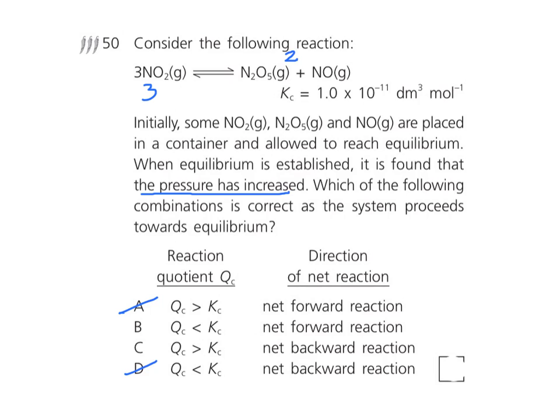Since the pressure increased on the way to equilibrium, the reaction must have been shifting backwards. 2 moles becoming 3 moles would explain why there's an increase in pressure. So therefore we were shifting backwards. Choice C is the only one where we go backwards. It would have been because Qc was greater than Kc.